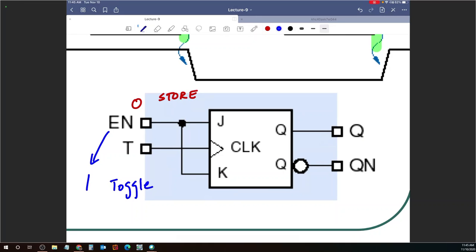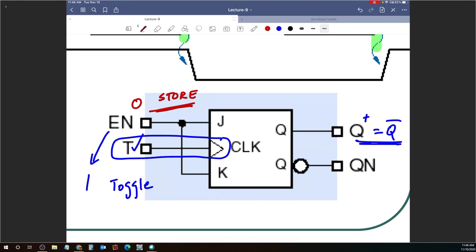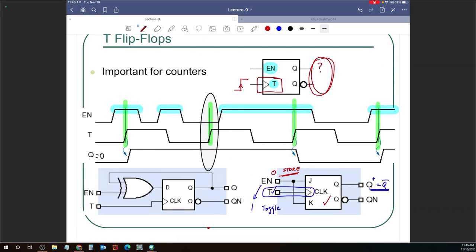So when we are in the toggle state, Q plus is going to equal Q complement only when there is a positive edge on T. So when there is a positive edge on T, Q plus will equal Q complement, otherwise it will store. That statement is indicative of a T flip-flop that we have designed using a JK flip-flop. And even if you did the whole entire process of converting a JK flip-flop into a T flip-flop, that would boil down to this. Just connect both the inputs together.